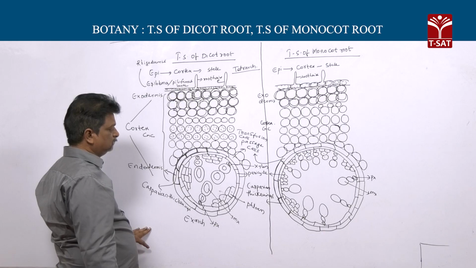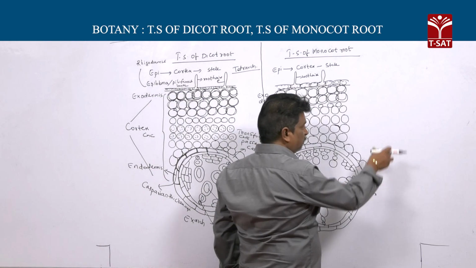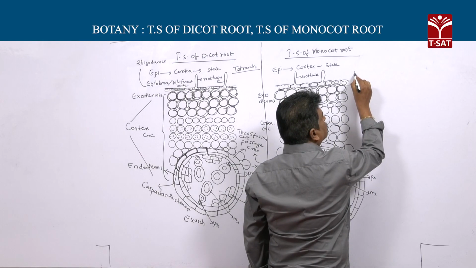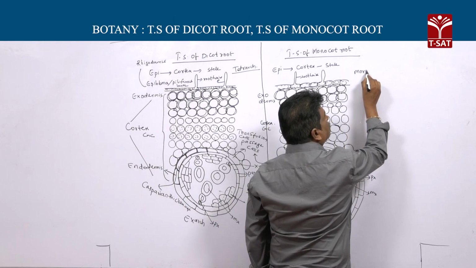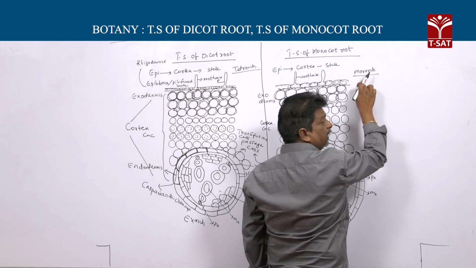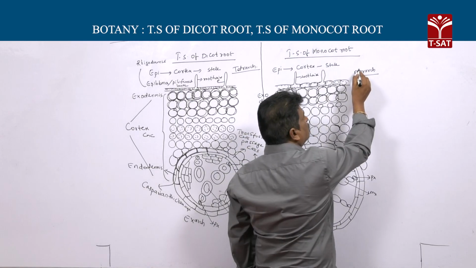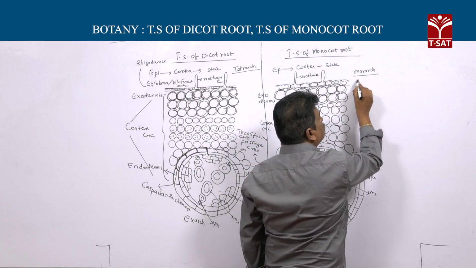But some exceptional, only one vascular bundle in dicot root. Common is tetrarch, but some exceptional, only one vascular bundle, monarch.